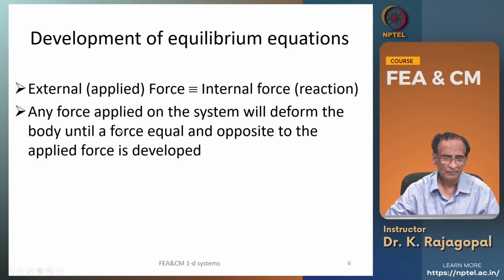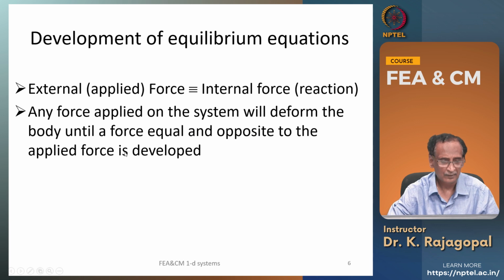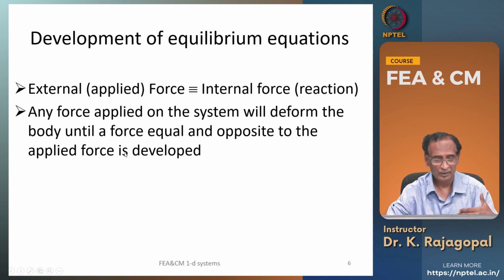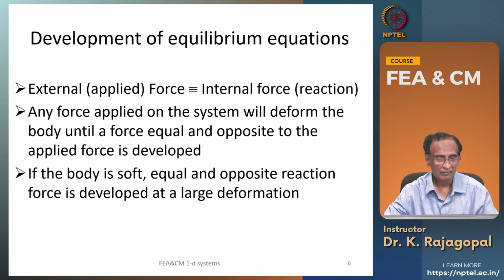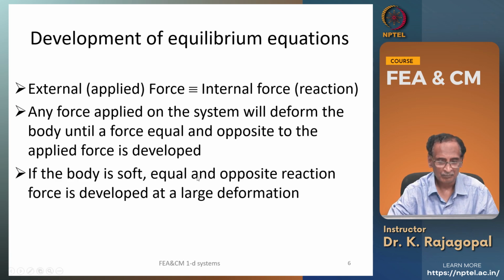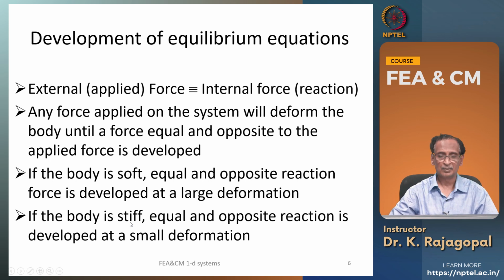And this body will go on deforming until an equal and opposite force is developed to oppose the applied forces, right. And if the body is very soft, equal and opposite reaction force is developed at a large deformation, and if the body is stiff, equal and opposite reaction is developed at a small deformation.